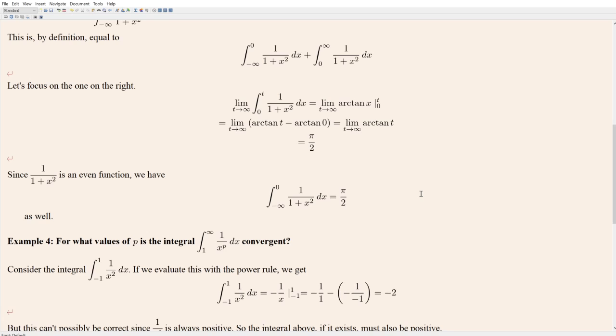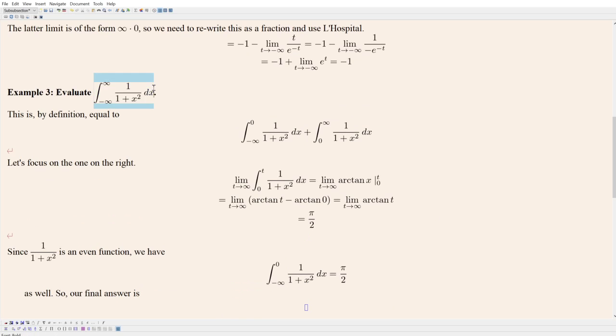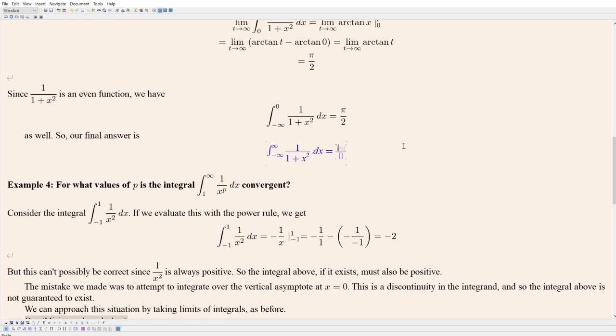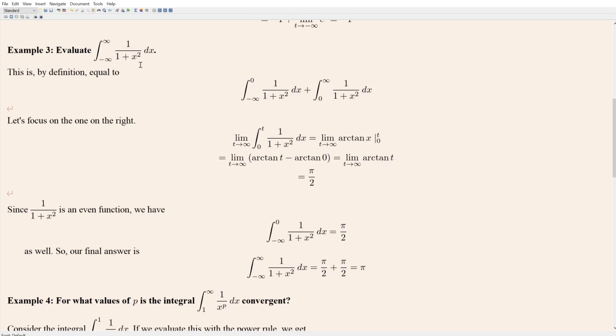That's going to be negative pi over 2, which is positive pi over 2. Work it out yourself if you want, but it follows from the fact that this is even. So, to get the final answer, we just add those two together. So it's pi.